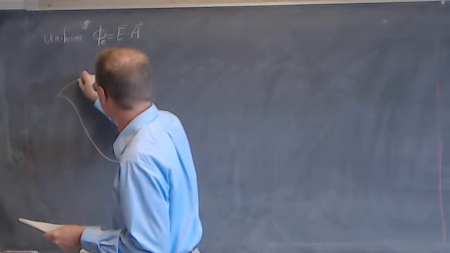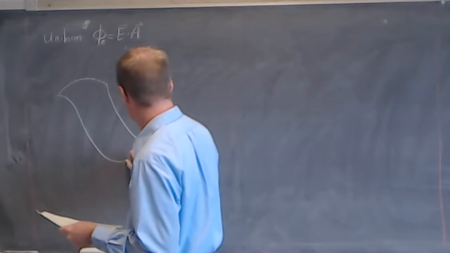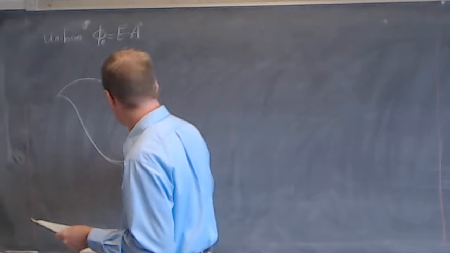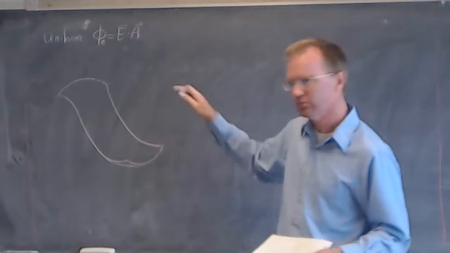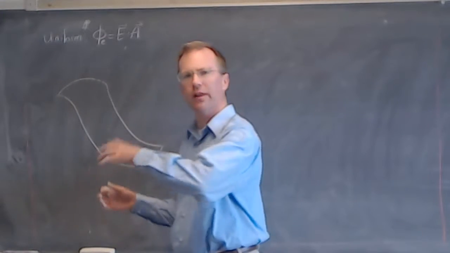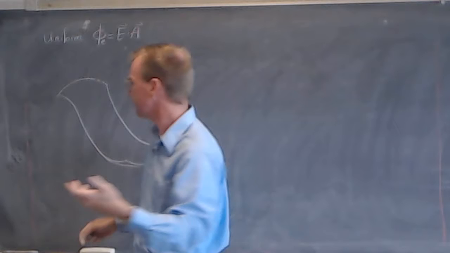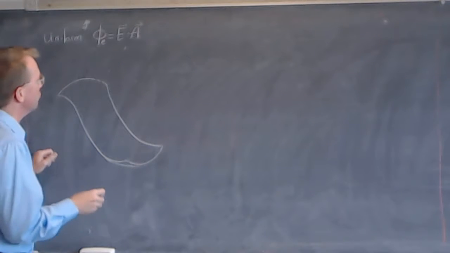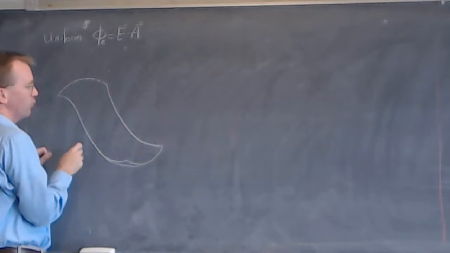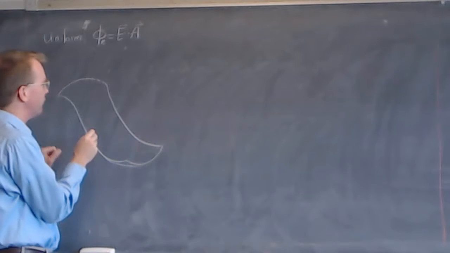Let's imagine that we've got something like this. All right, some kind of a scoop-shaped surface. And we've got an electric field that's splaying out in all directions through this here, although obeying the rules, of course. What I will do is I'll take the uniform case and I'll apply it to every little infinitesimal bit of this surface.